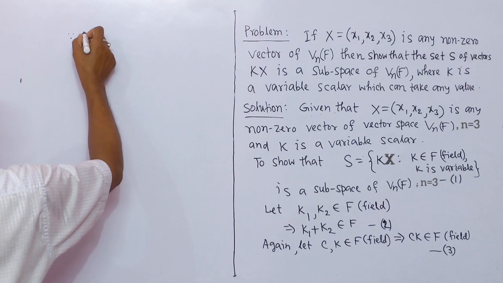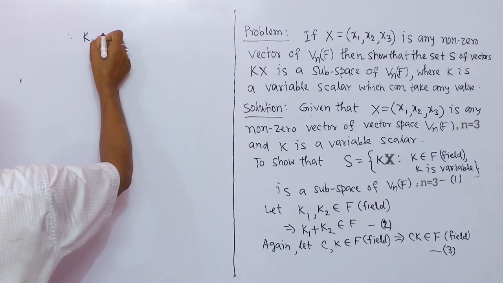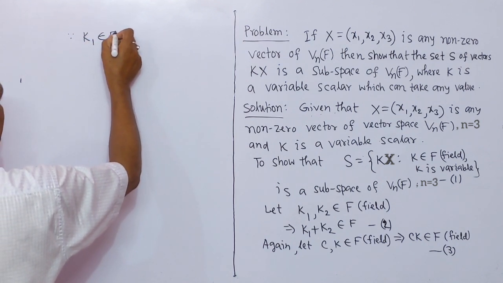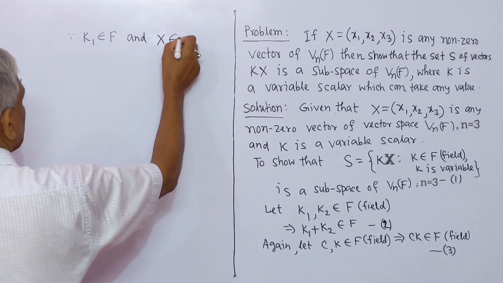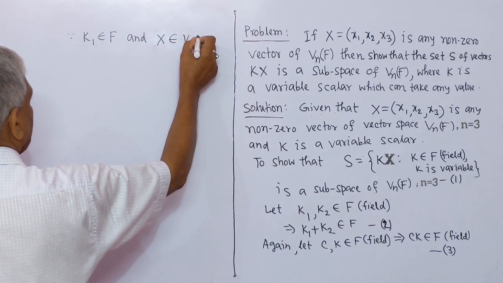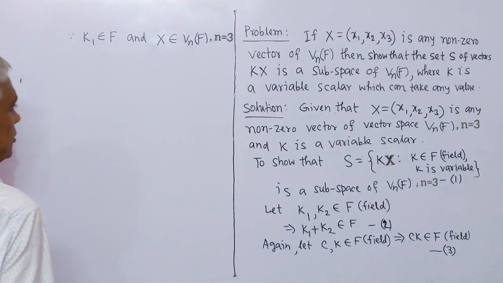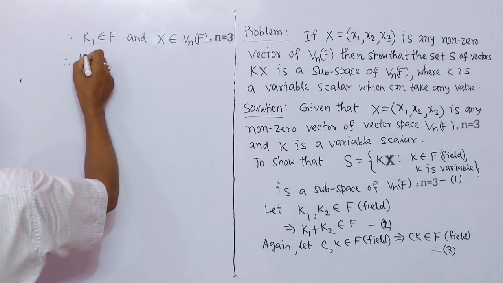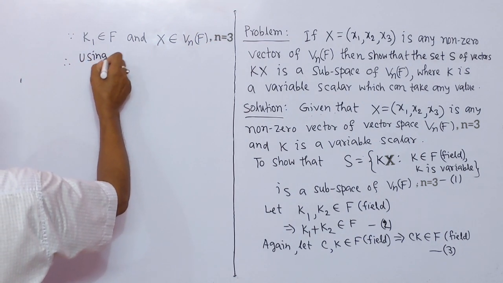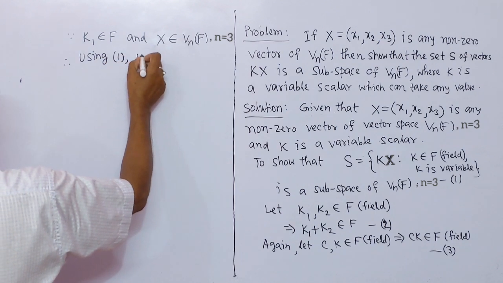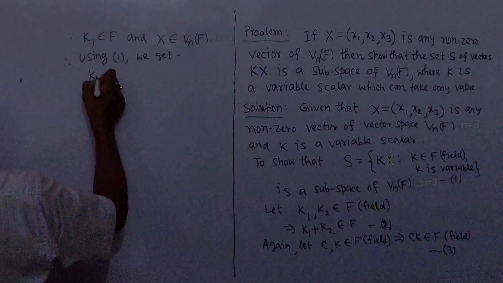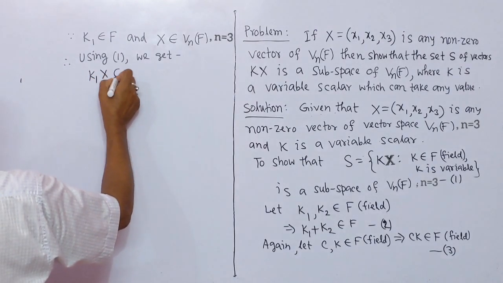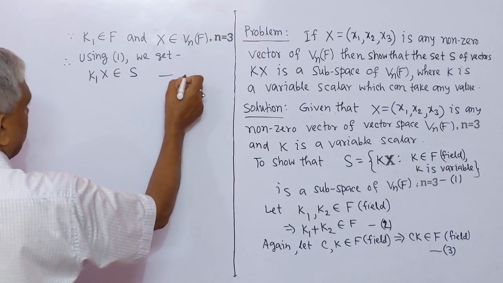Since K1 belongs to field F and X belongs to VNF, therefore, using 1, we get K1X belongs to S. This is number 4.